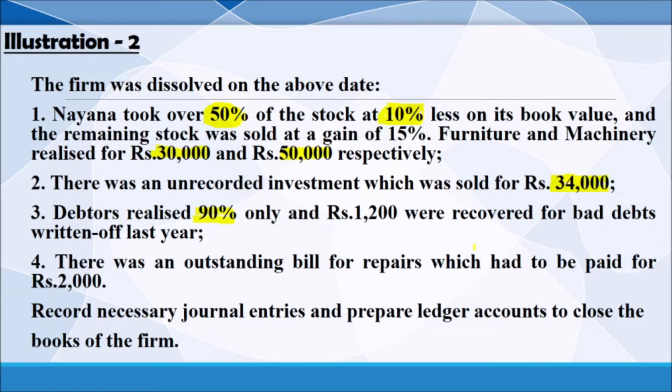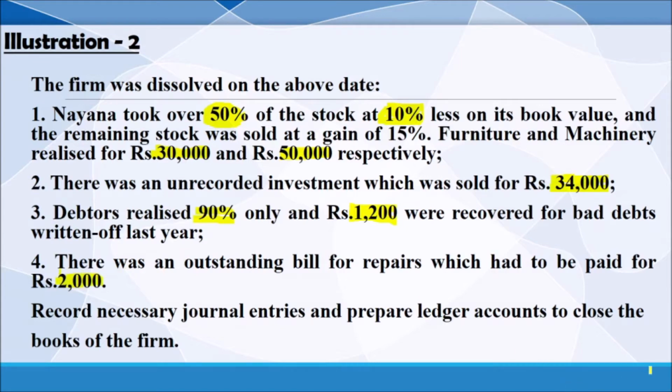It is the different adjustment. Just keep in your mind, out of the value of debtors, 90 percentage only realized, and also there is a bad debt. Bad debt means that will be deducted from debtors, and that amount is 1,200. We have to know how to adjust these two items. And there was an outstanding bill, repairs had to be paid, a liability, we have to realize it.